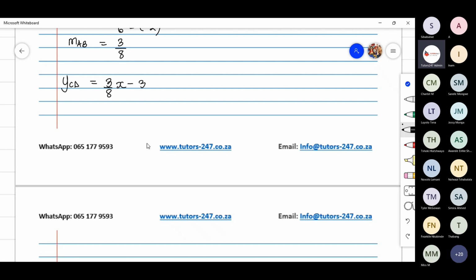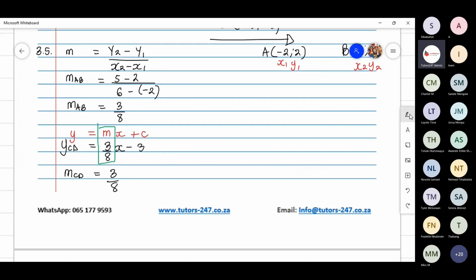Keep in mind that the formula of this equation is y equals mx plus c. So as you can see, m is 3/8. So the gradient of CD is equal to 3/8. Let me just move this to the side so I have some space at the bottom.